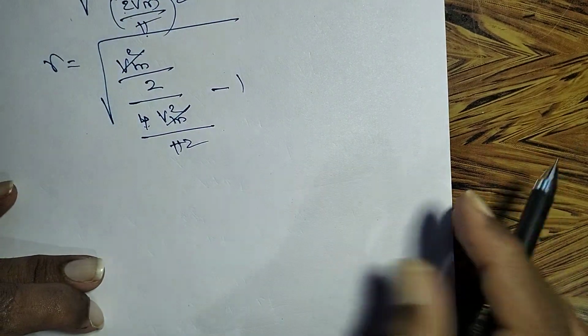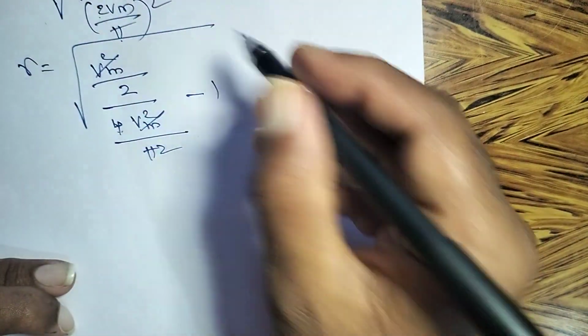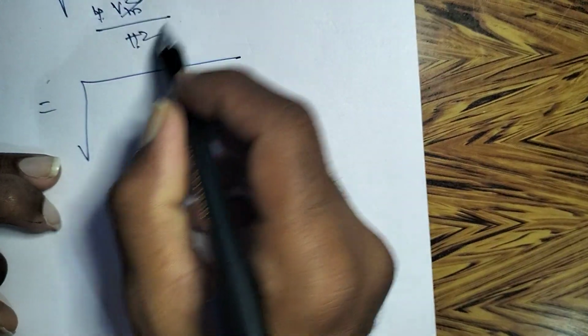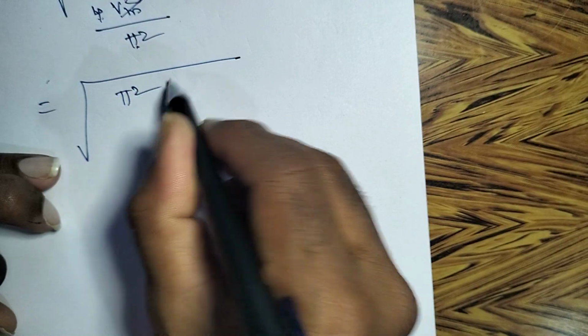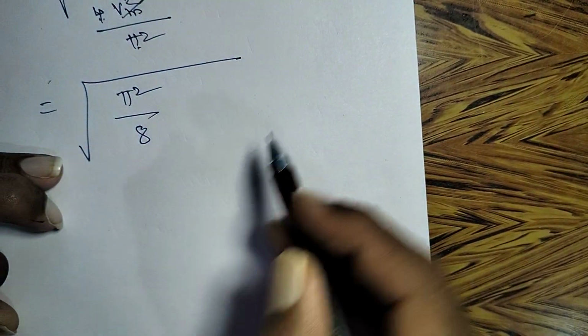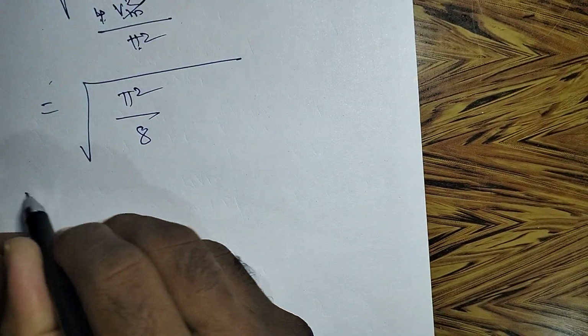Is there any other calculation? No. So pi square goes into the numerator, that is pi square, and here 2 times 4 gives 8. That is the value of this expression.